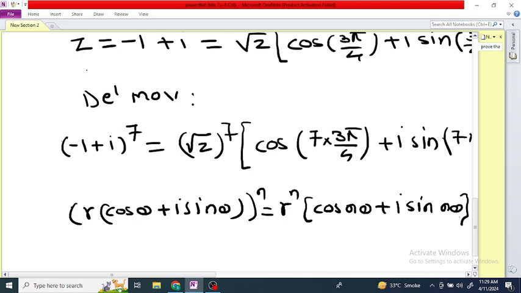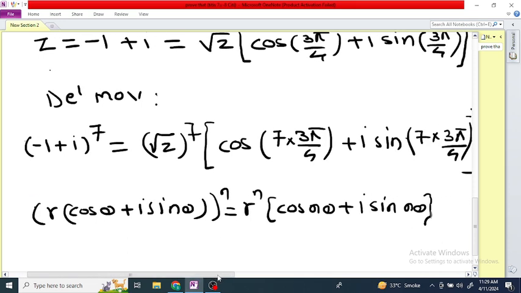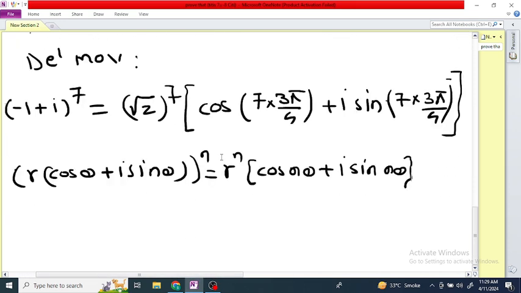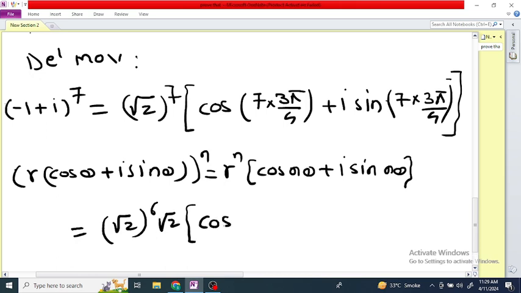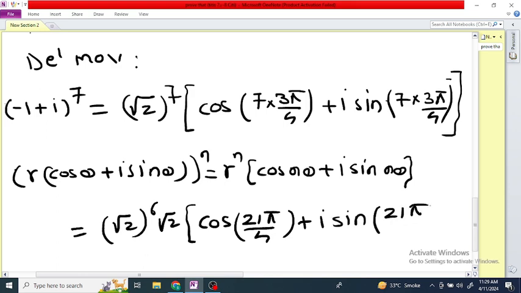So we use De Moivre's theorem here. So this is equal to, now root 2 raised to 7 is equal to root 2 raised to 6 into root 2, and this is equal to cos of 21 pi by 4 plus i times sin of 21 pi by 4.